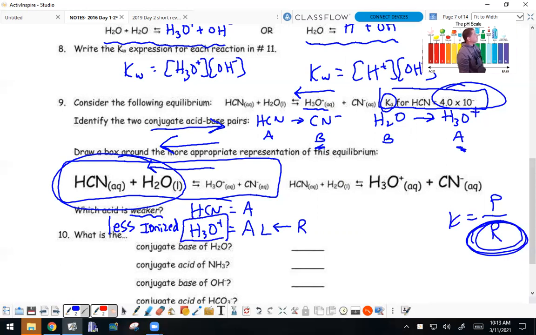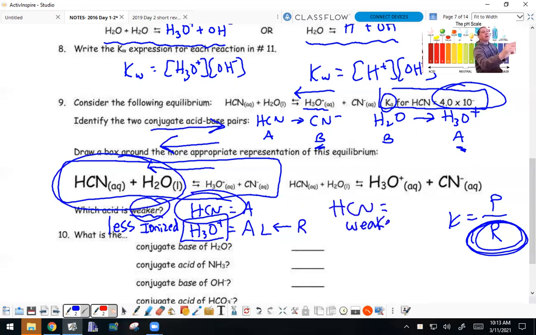So H3O plus would be the stronger acid. Oh, I did the stronger. We were looking for the weaker, so the weaker acid would be HCN. Why? Less ionized. We know that because there's more reactants than there are products. So H3O plus is ionizing more than HCN is.